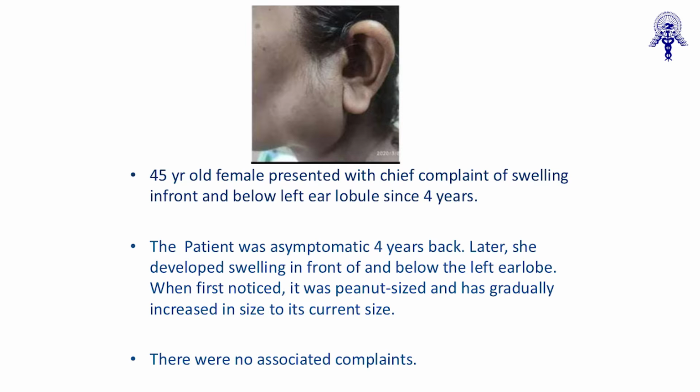The patient was asymptomatic 4 years back. Later she developed swelling in front of and below the left ear lobe. When first noticed, it was peanut sized and has gradually increased to its current size. There were no associated symptoms.